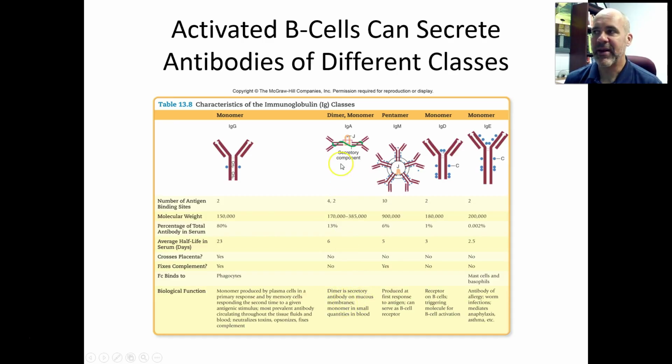Also, this is important. You've no doubt heard that mothers who breastfeed pass their antibodies on to the nursing infant. This is the class of antibody that gets passed from the mother to the nursing newborn. So that's something to keep in mind as well. And that secretory component there helps protect those antibodies from getting digested, getting broken apart by the infant's digestive system.